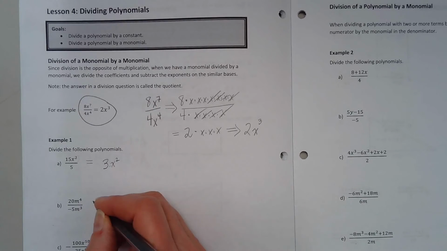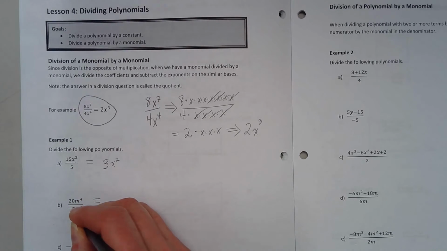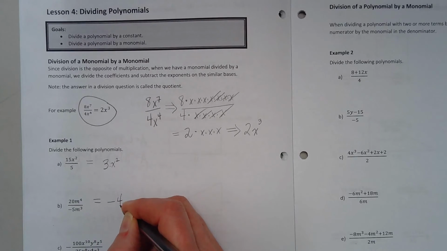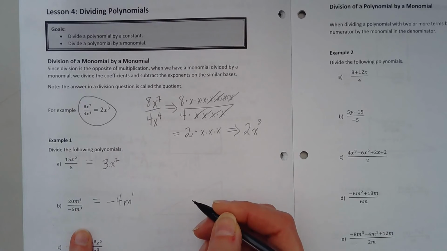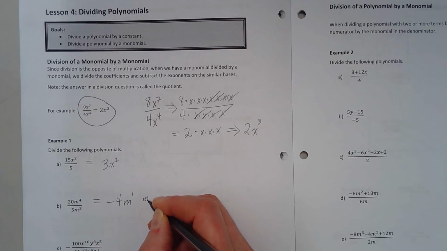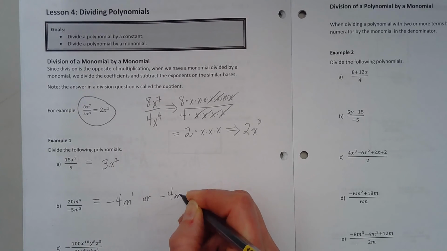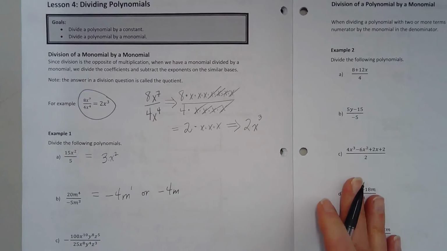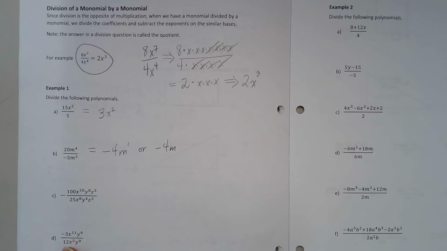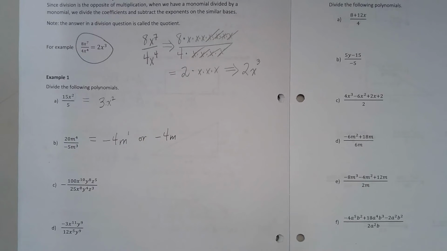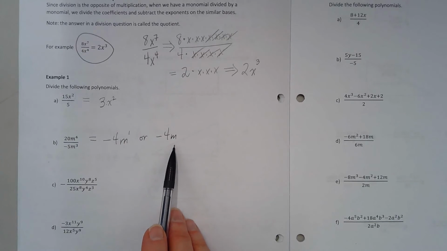All right? 20 divided by negative 5 is negative 4 m to the power 1, but we would just record that as negative 4m. You won't be marked wrong if you put the little m to the power 1. It's just not traditionally written. In a textbook, you might look for that exponent 1, but it'll never be written. It'll just be written as an m.